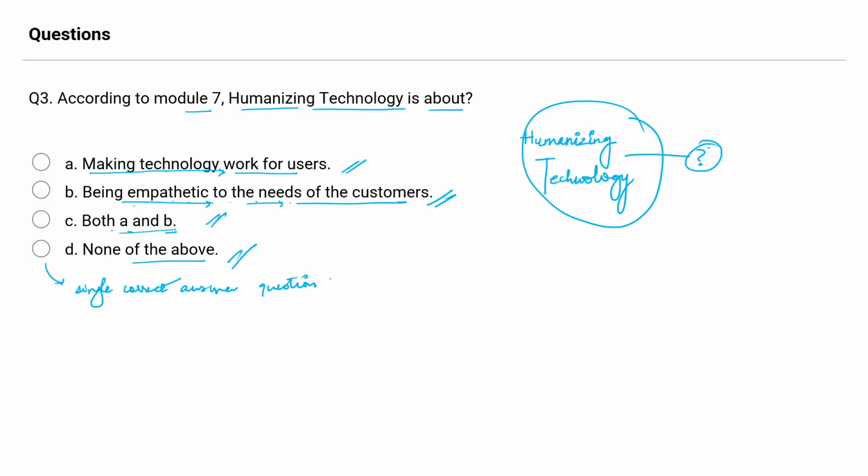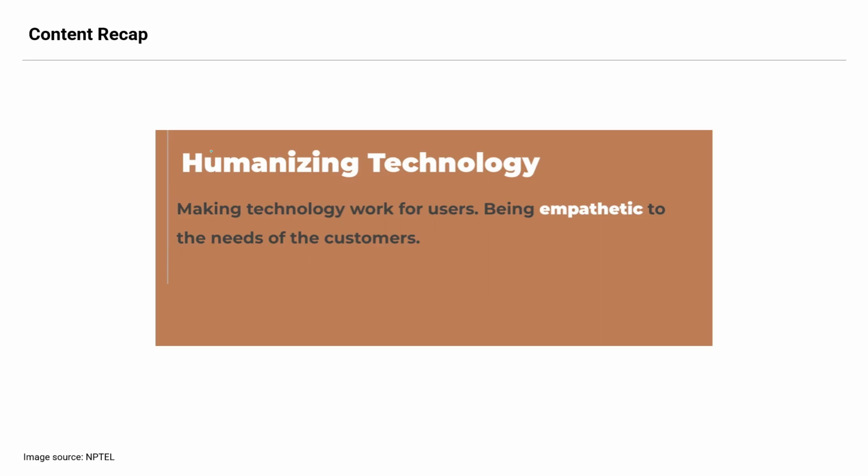Is it both A and B, which means making technology work for users as well as being empathetic to the needs of the customers, and A and B as well as none of the above? Okay, let's do the screen validation.